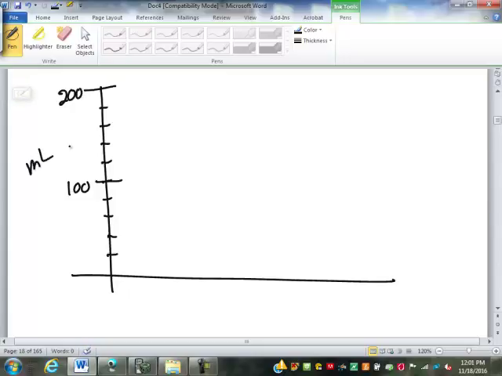So let's look at milliliters of medication that's flowed into a patient per hour. And let's say our graph looks like this.